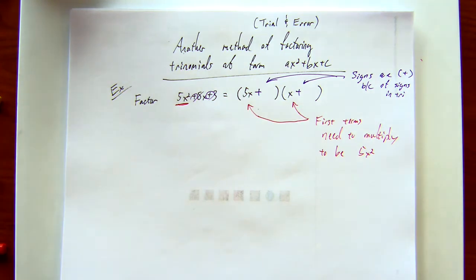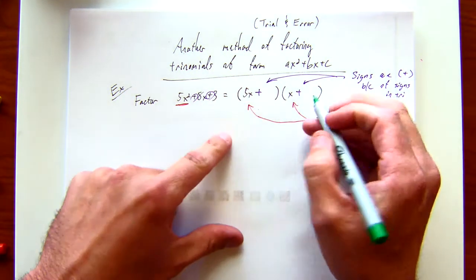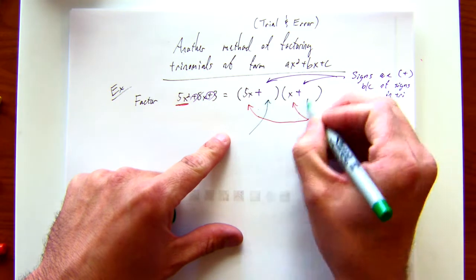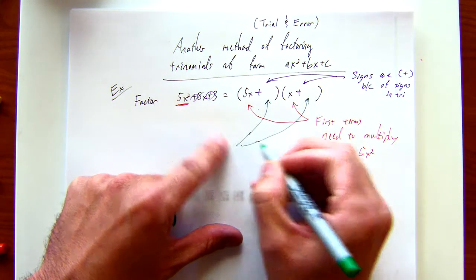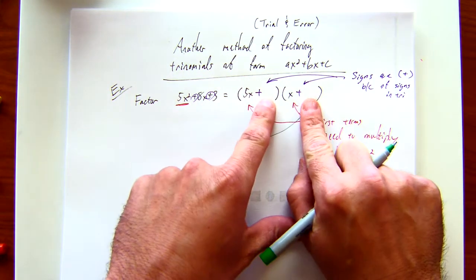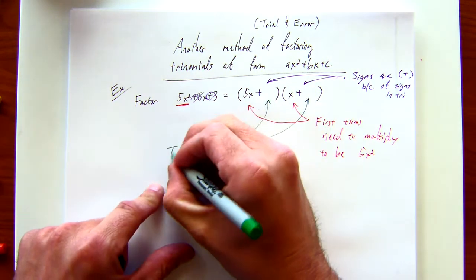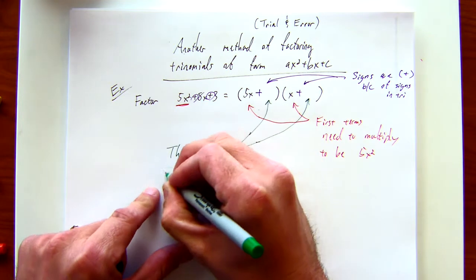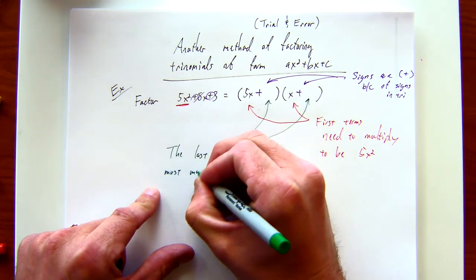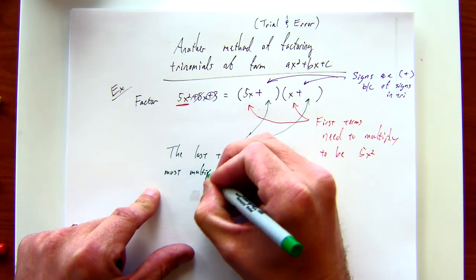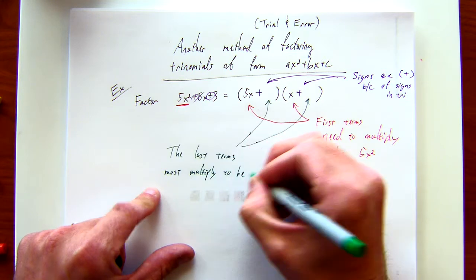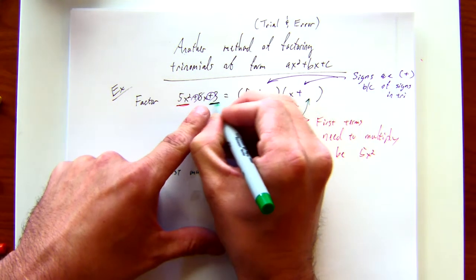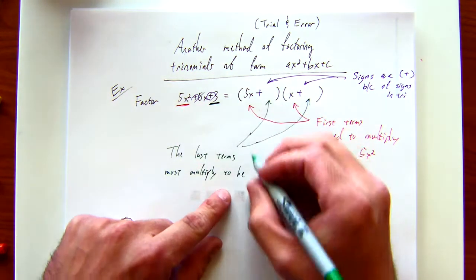Now the last thing, in these last two terms, we know that these two numbers have to multiply to be what? The last terms must multiply to be a 3 here. This 3, the last term in my trinomial.